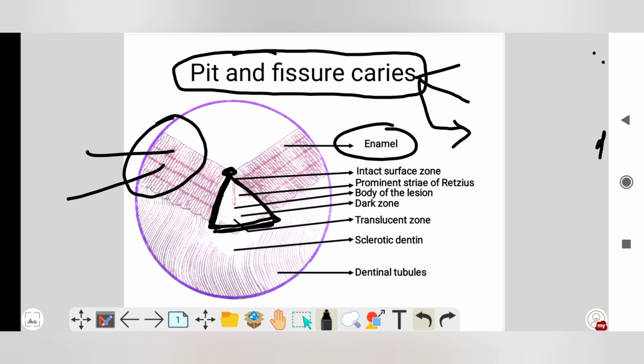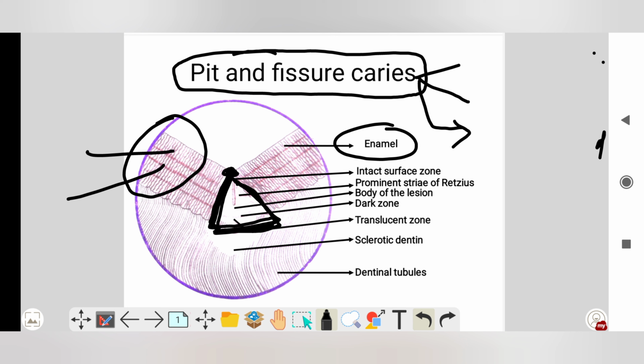Pit and fissure caries is always dangerous, because clinically it looks like involvement of the pit only, but there is widespread involvement of the enamel. Here you can see this triangle. The base of the triangle is always towards the DEJ and the apex of the triangle towards the occlusal surface of the tooth, or towards the pit.